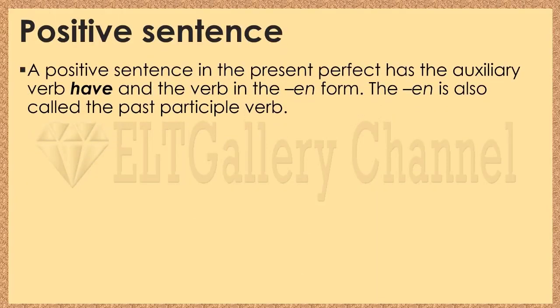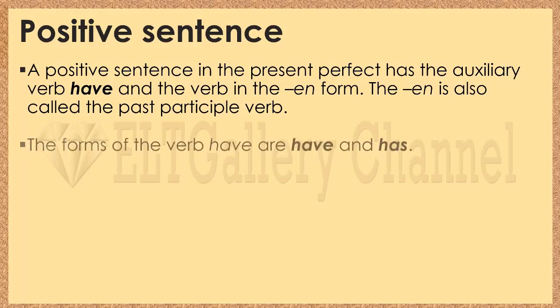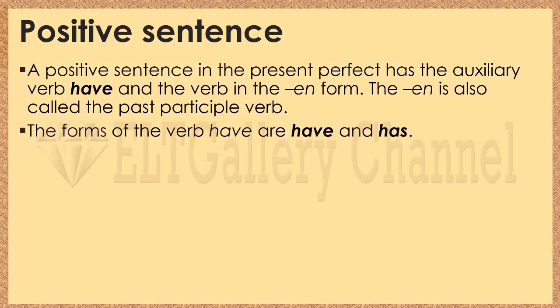A sentence in the positive, in the present perfect, has the have as the auxiliary verb and the en form. The en form here is also called the past participle verb. So a positive sentence in the present perfect has the auxiliary verb have and the verb in the en form. The forms of the verb have are have and has.